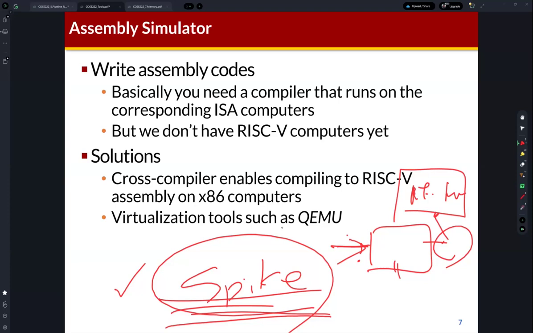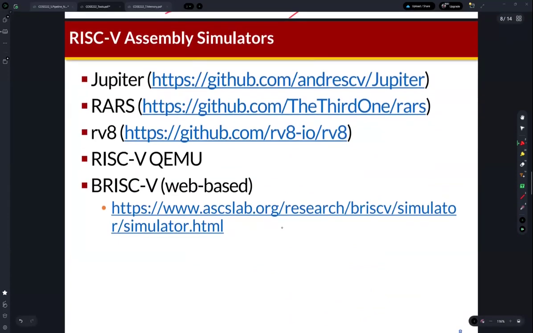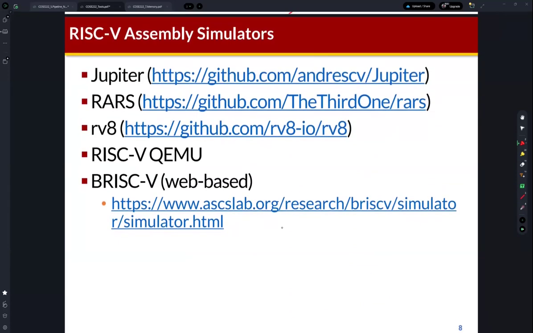So we can use simulators for architecture research. There are many kinds of RISC-V assembly simulators, like Jupyter and Glass, which are famous across RISC-V. This is because RISC-V is an open source ISA, not a commercial ISA like ARM or x86.